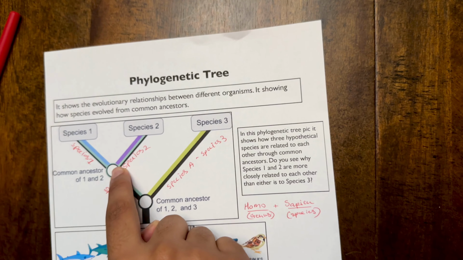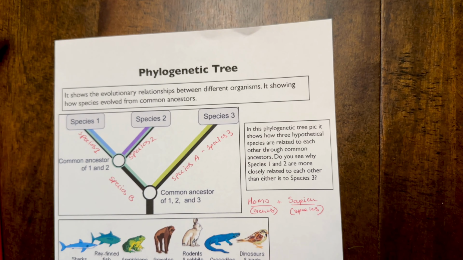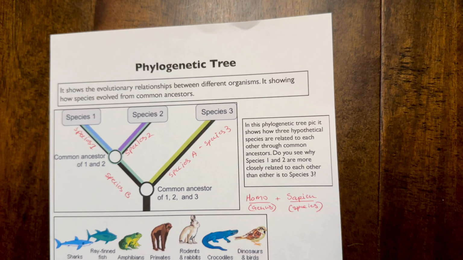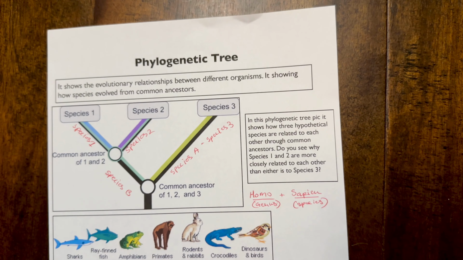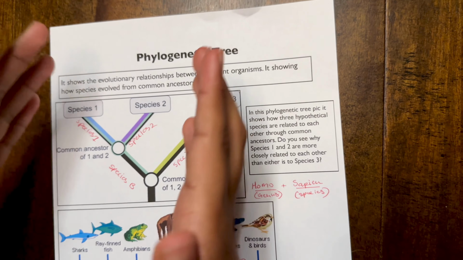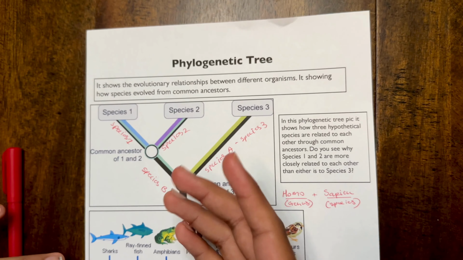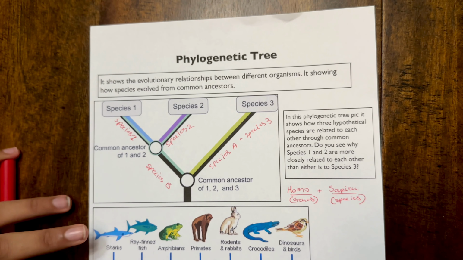This change could have been climatic, habitat, or diet. But whatever it is, the phylogenetic tree shows how the species evolved due to some evolutionary history or change. It shows the history of how the species were once connected, but eventually changed. This just proves how all species could have had a common ancestor.